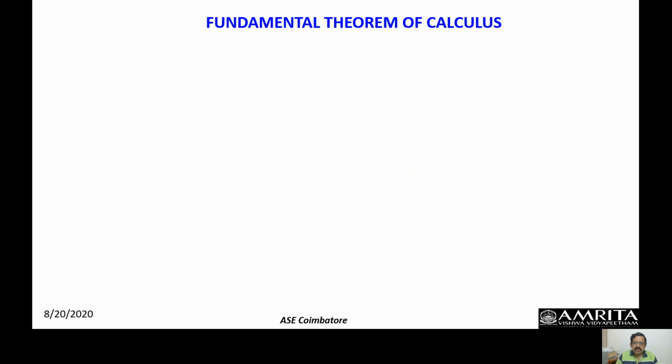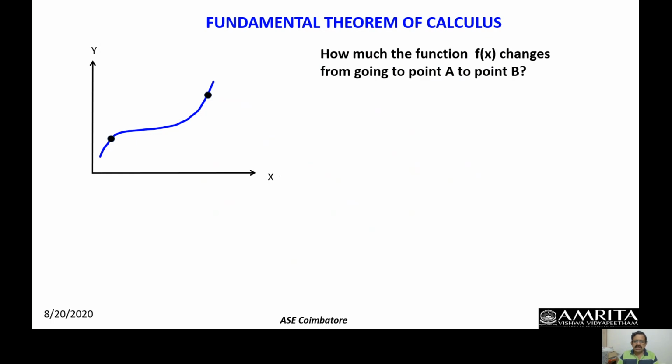Let us take, for example, a rectangular coordinate system, and let us say this is my function, and I want to evaluate it between these 2 points, point A and point B. Because it is only a function of one variable, f of x, how much does the function change when we move from point A to point B? This is the question that we need to answer.